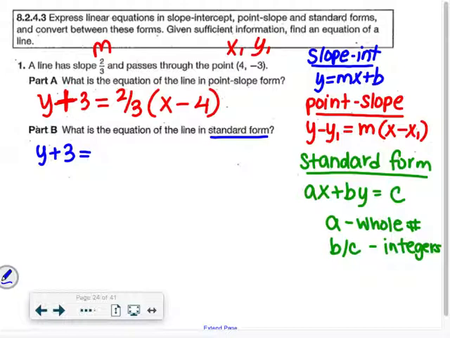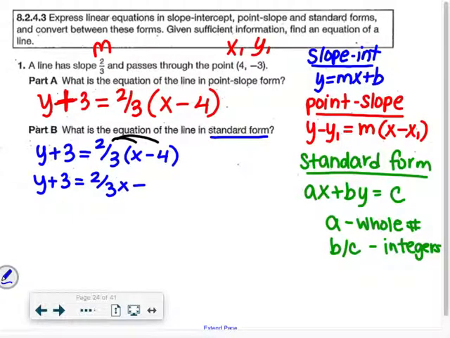The first thing that I need to do is take the 2/3 and distribute it. So I distribute: 2/3 times x is 2/3 x. 2/3 times negative 4, if I put a 1 under it, I would get negative 8/3.